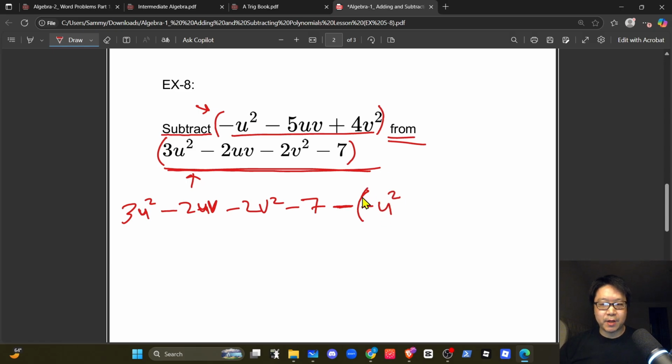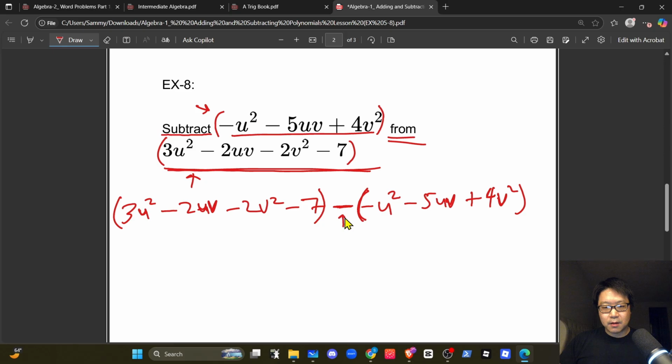We're going to make sure that we have parentheses, and inside the parentheses we're going to write our second polynomial, negative u squared minus 5uv plus 4v squared. Okay, and the reason why it's important to surround the second polynomial with parentheses is because this negative sign, let me make this a little bit more clear by putting the first polynomial in parentheses as well.